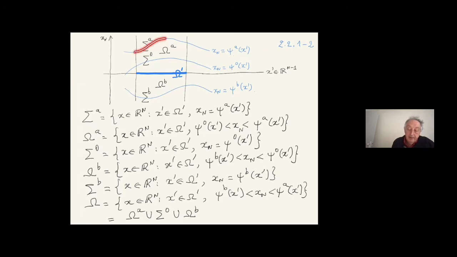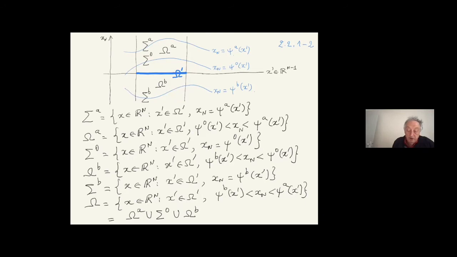Sigma A is the graph of psi A of x prime in omega prime. Sigma 0 is the graph of psi 0 in omega prime, and sigma B is the graph of psi B in omega prime. This is written here.